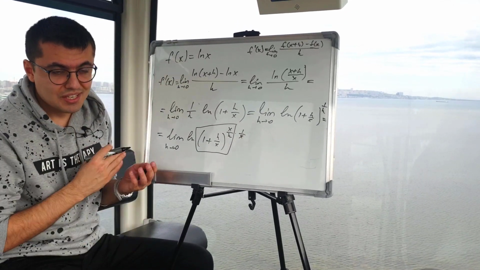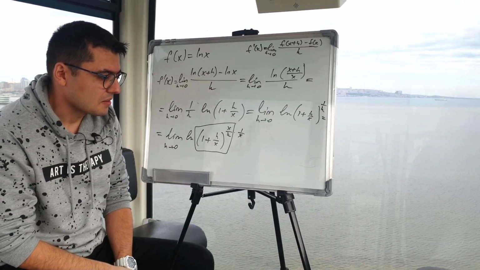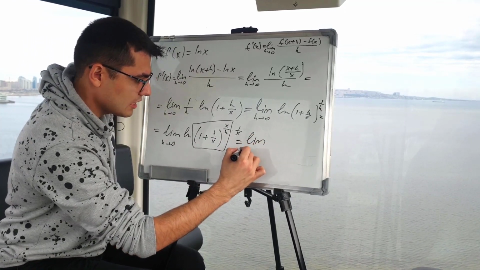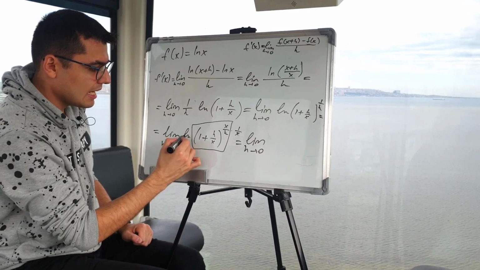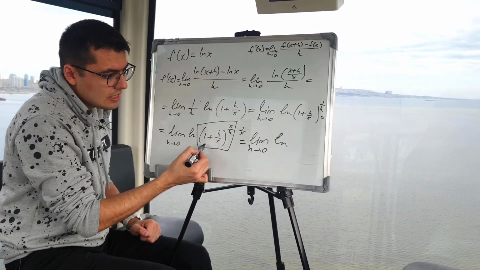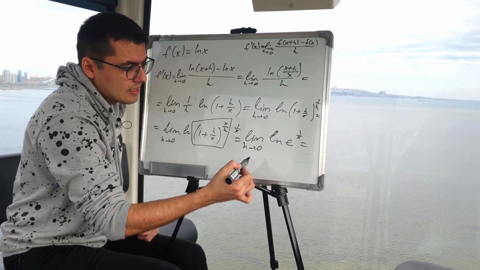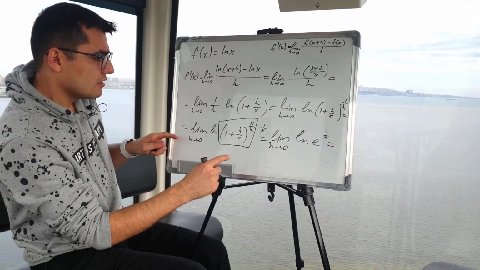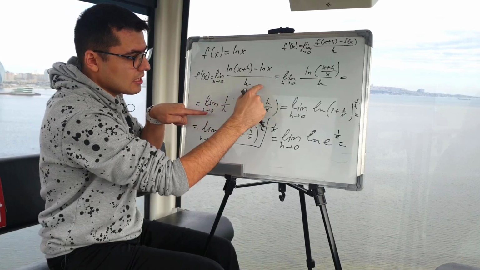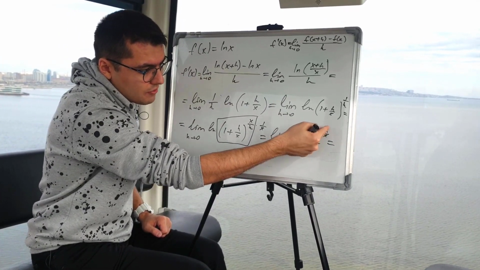That's the number we've been talking about, and we've derived this formula as well in our previous video. So that will give me ln, natural logarithm. This is e, just the number e, to the power of 1 over x. And finally, I did the reverse thing that I've done here, right? I moved 1 over h inside as a power. Now I will move this out from the logarithm.